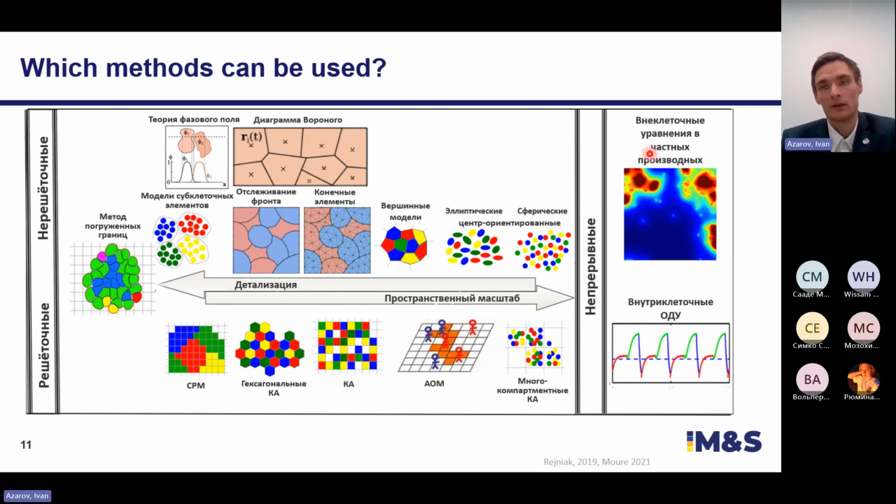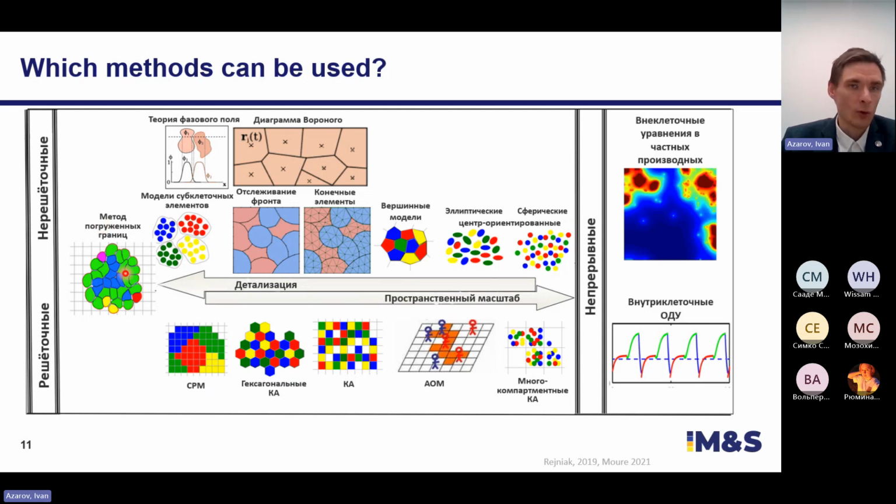But we also have other approaches, discrete approaches, which can be on lattice and off lattice. And we have a very rich variety of approaches, more or less complex.